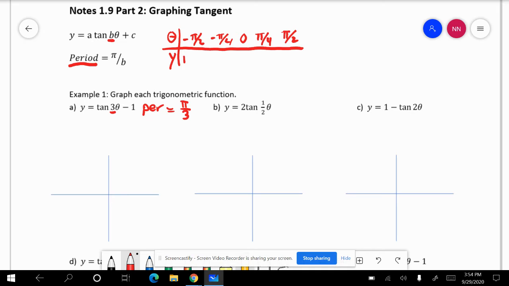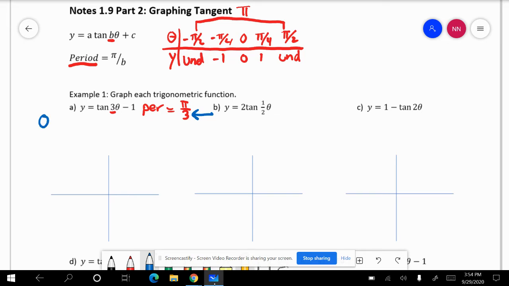Our y values start undefined, negative 1, 0, 1, and then end undefined. Now, that would be a normal negative pi halves to pi halves, which is a period of pi. What we're doing is we're taking a third of that. That means we're going to divide each of our theta values by 3.